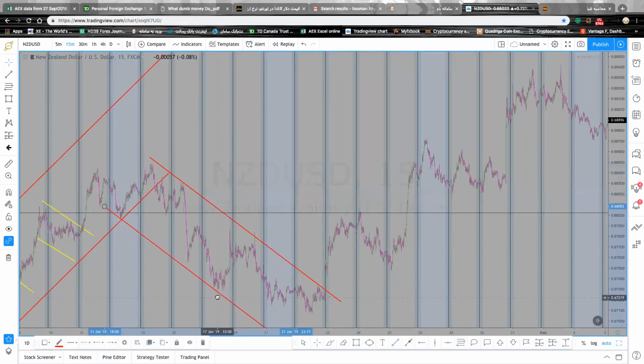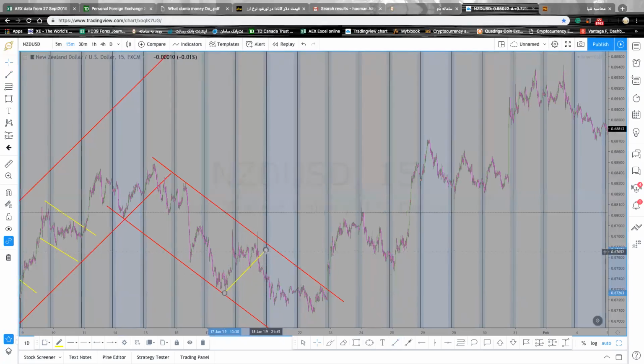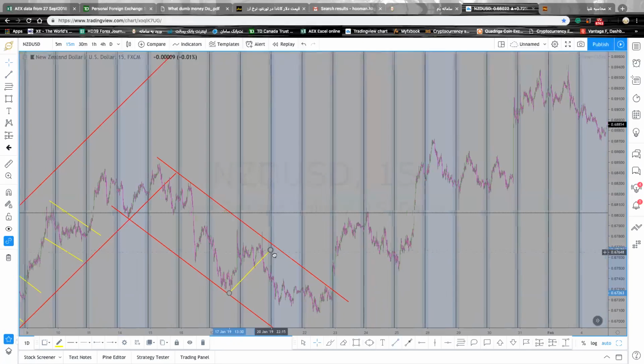Drag it for the next one. Okay. Look, it's going to sit itself under perfect conditions. And then I start drawing some inducement trend. Weekly structure without seeing inducement trend is useless. You get confused quickly.